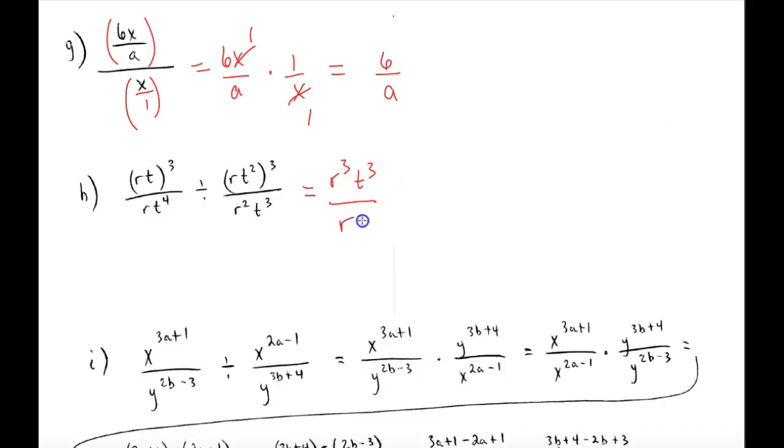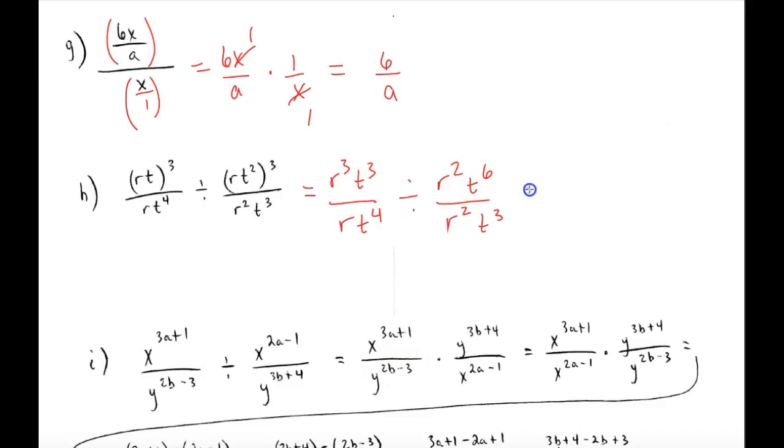And all that's over RT to the 4th, okay? Divide. RT squared quantity cubed is R squared T raised to the 6th. And all that R squared over T cubed, okay?